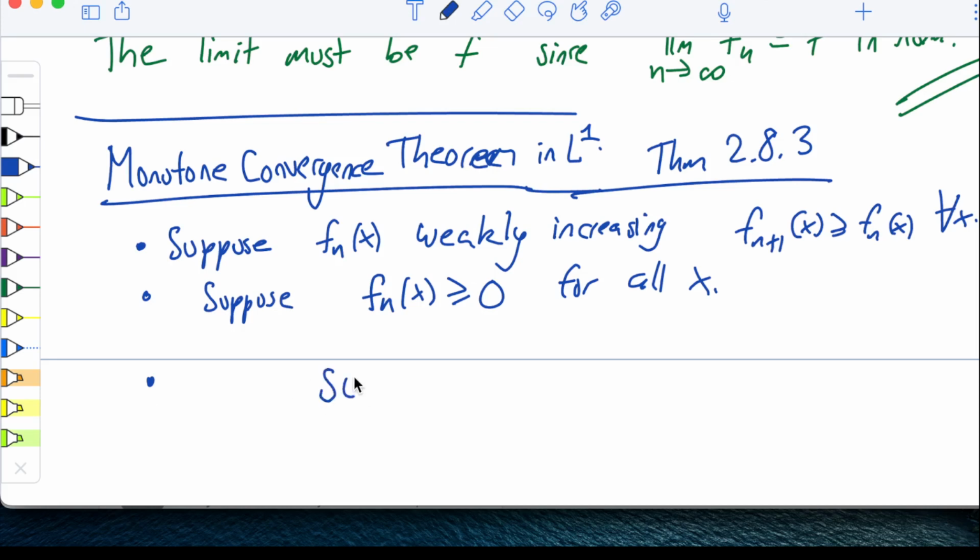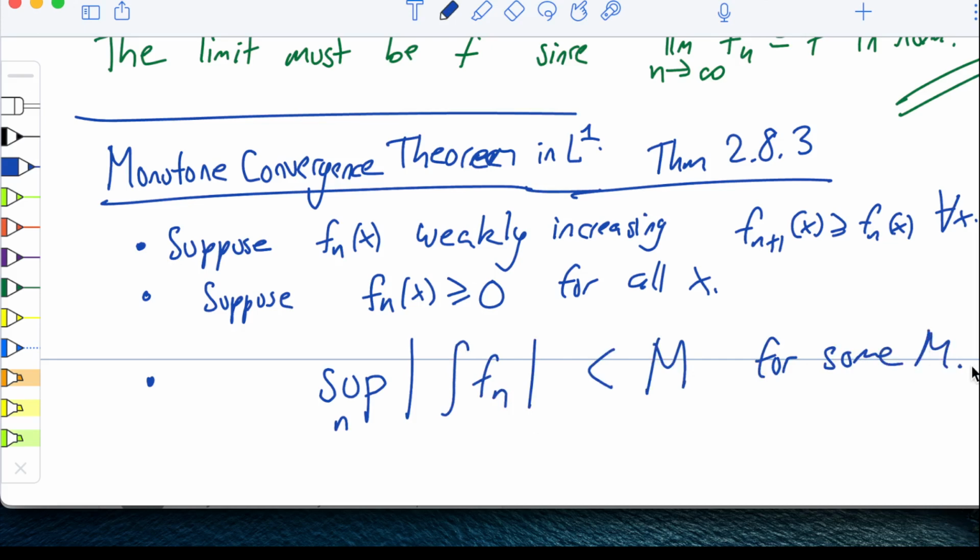The sup over n of the absolute value of the integral of fn has to be less than some M. So the integrals can't be getting bigger and bigger, right? The f's are going up, up, up, but their integrals only get as large as some capital M. Of course, because the f's are going up, their integrals are also getting bigger and bigger. But there is some stop. They can't just get bigger forever and ever.